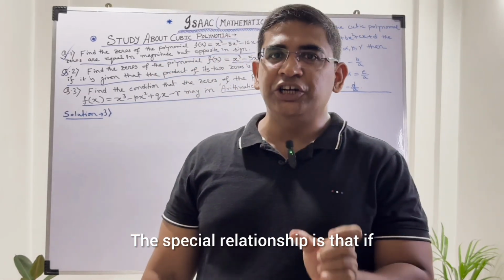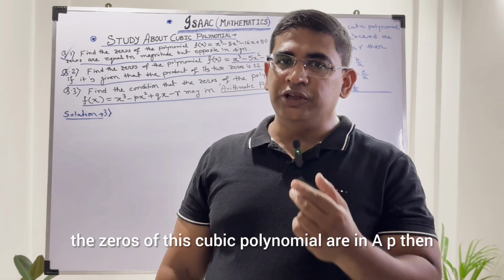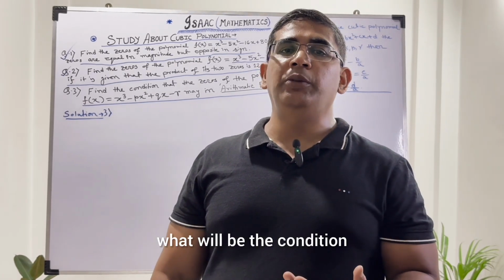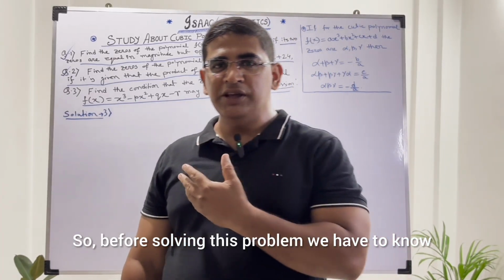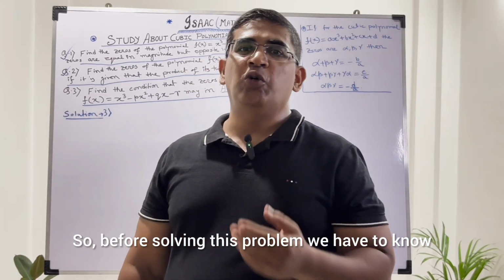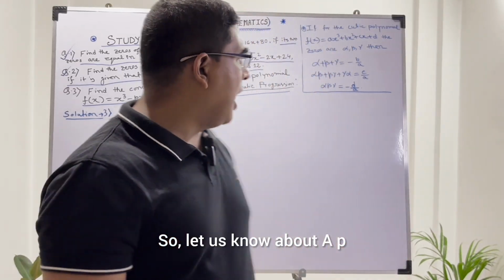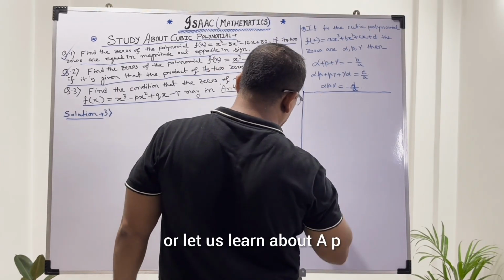The special relationship is that if the zeros of this cubic polynomial are in AP, then what will be the condition? Before solving this problem, we have to know what we mean by AP. So let us learn about AP.